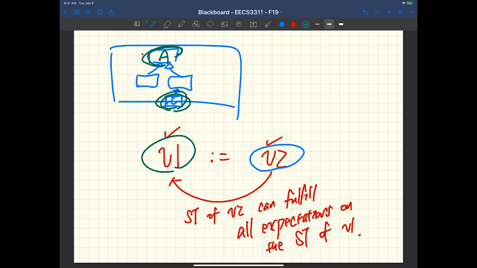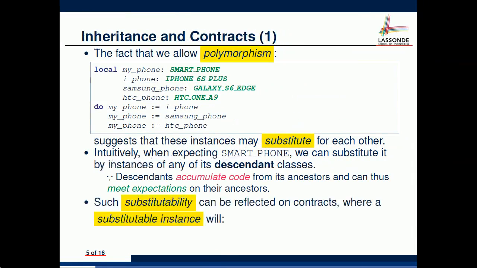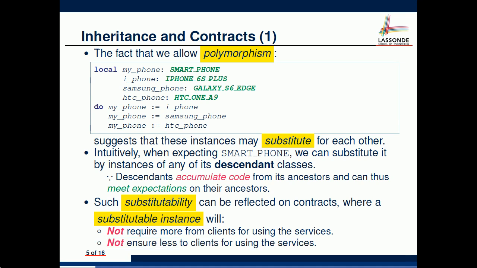But now we're going to go a little bit further. When you say V2 can really fulfill all the expectations of V1, you also want to make sure there'll be no surprise when you substitute V2 for V1. So we're going to talk about substitution again, from a different perspective. Whenever you try to do substitution, you want to make sure the descendants are not going to require more on the input values, and also that they are not going to ensure less than what their parents promised.